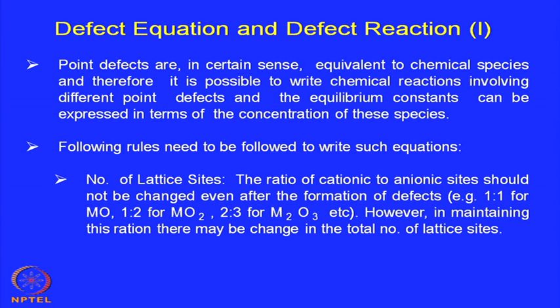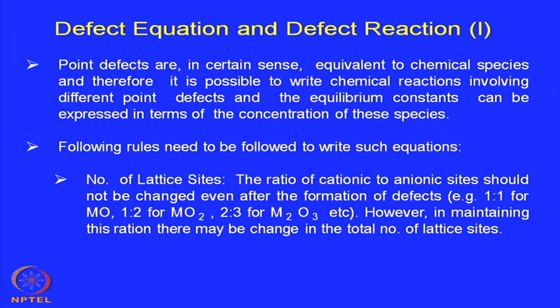This ratio must be maintained even if some of the lattice sites are missing, because even if a vacancy is created, the particular element may be missing from there, but the lattice site is not going to change. The lattice site is there, and we say that it is a vacant site.